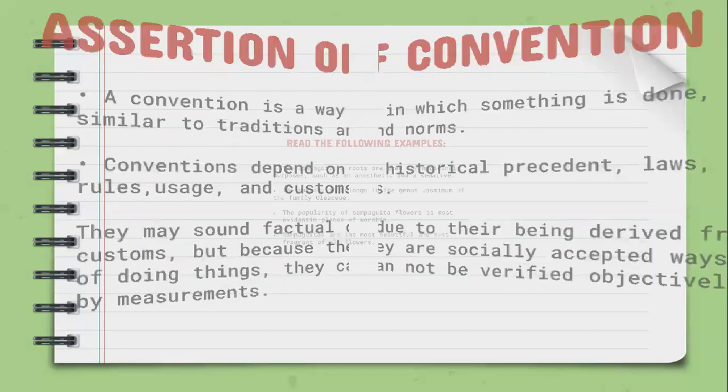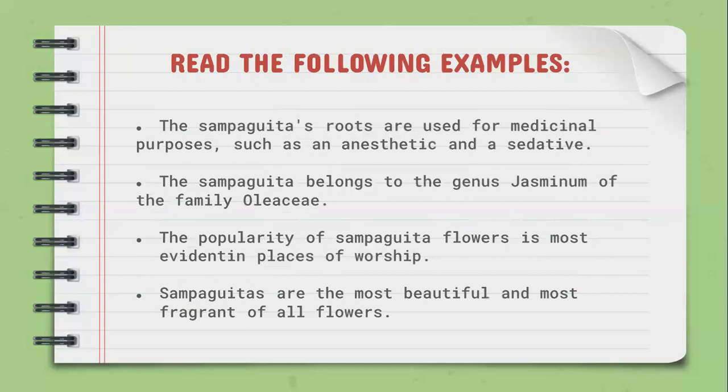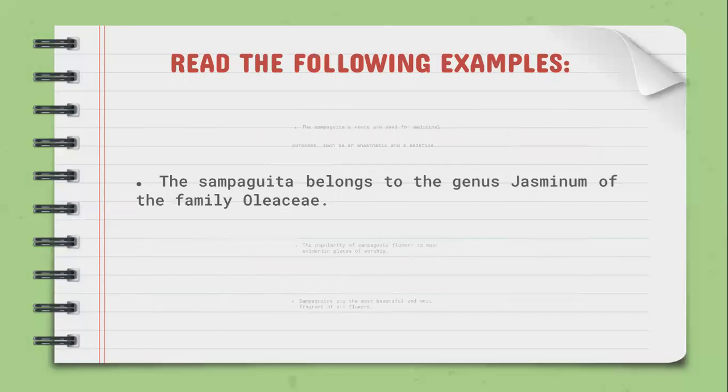So again, from the examples earlier, what do you think is the assertion of convention? If you guess the second one, it is correct. The Sampaguita belongs to the genus Jasminum of the family Oleaceae.